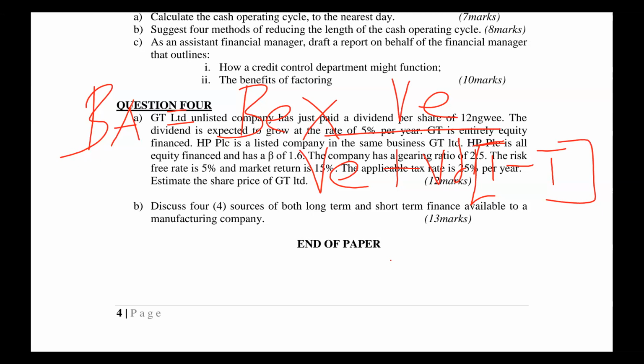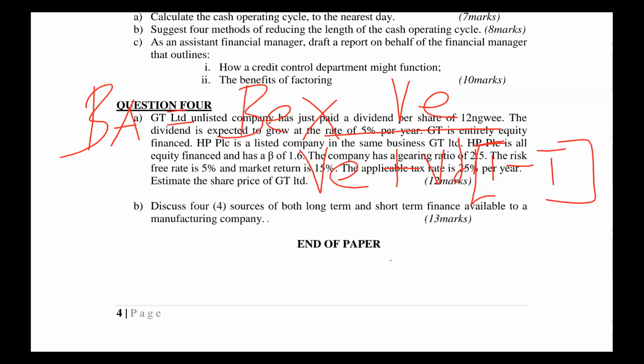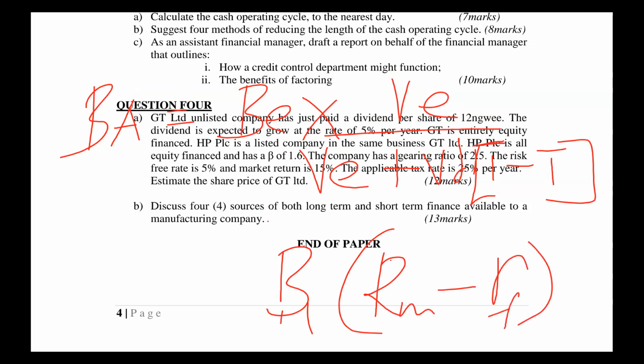The difference between the asset beta and the equity beta is that the equity beta is the beta of a listed company. It measures the amount of risk involved in investing in a listed company.